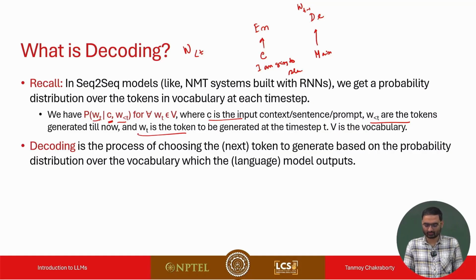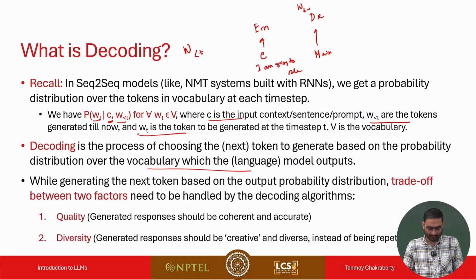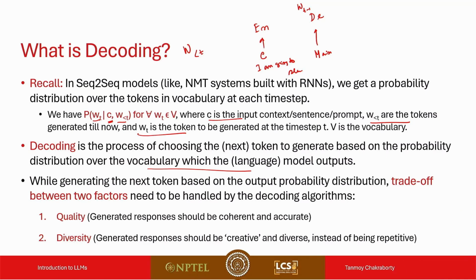So decoding is the process of choosing the next token to generate based on the probability distribution over the vocabulary of that language. If we do this purely greedily, choosing the most probable word as my next token, that will have certain disadvantages.